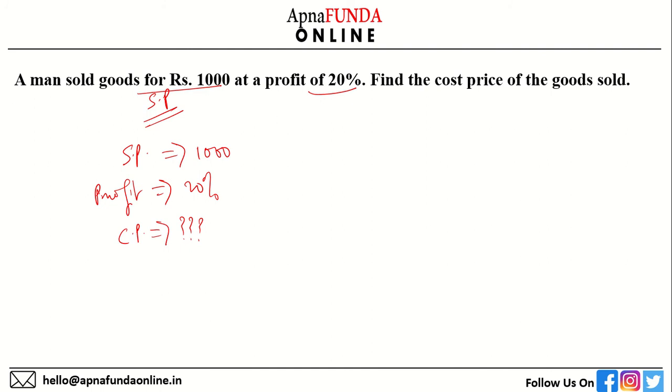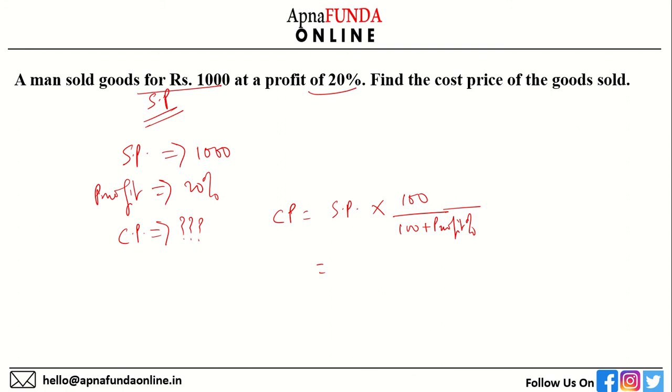One of the formulas that we had seen is cost price is equal to selling price into 100 by 100 plus profit percent.